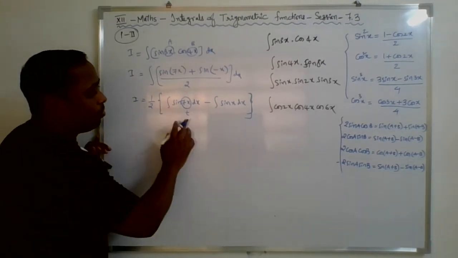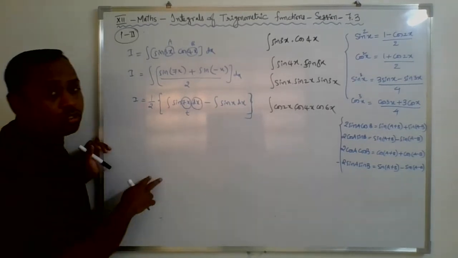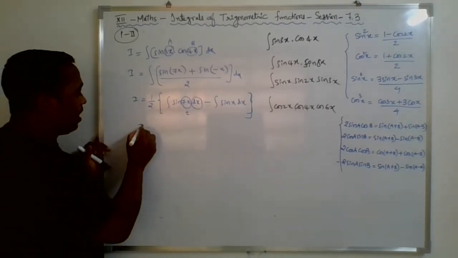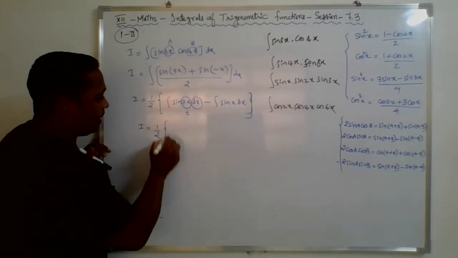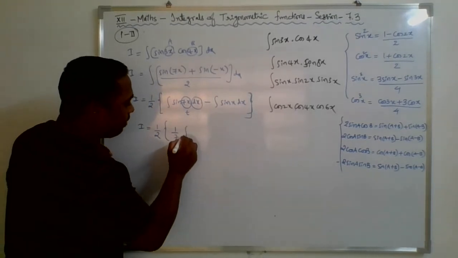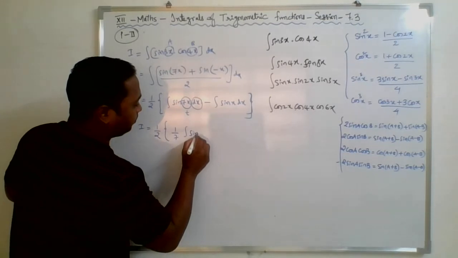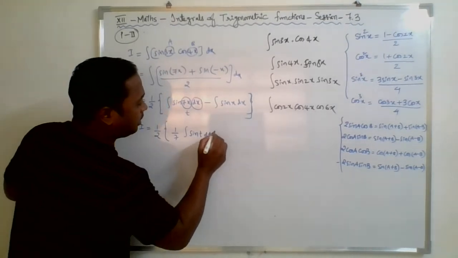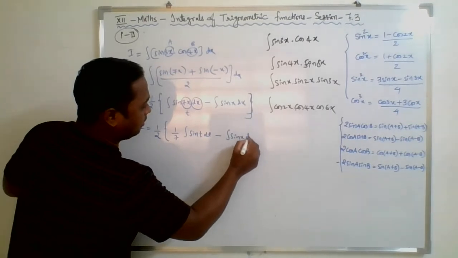So after assuming t, you will be able to change both. Dx will also change. So I am directly writing after conversion, right? Here it converted into 1 by 7, right? So sine t dt minus what left? Sine x dx.